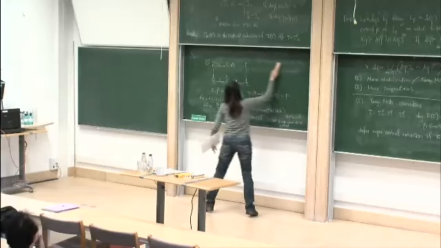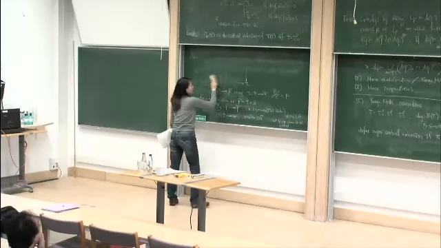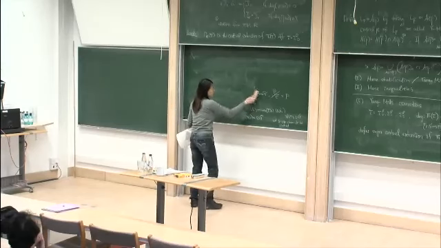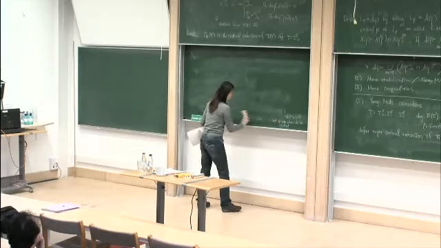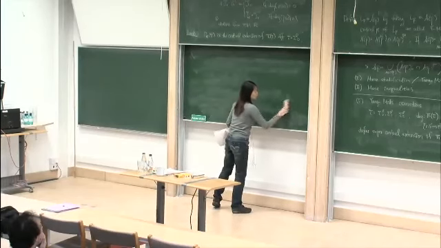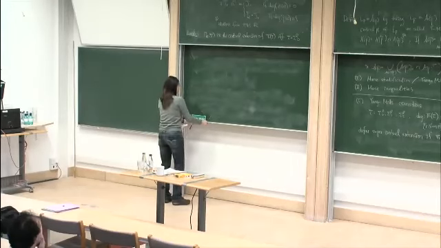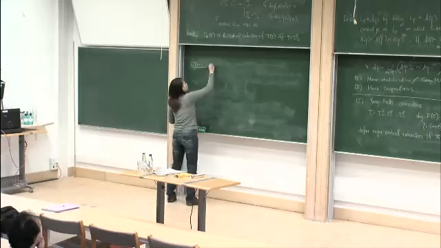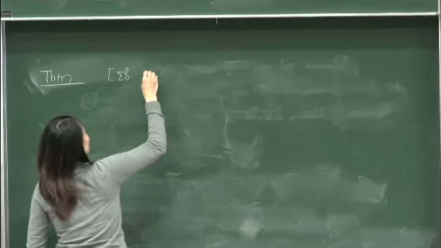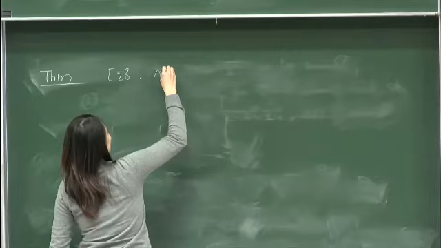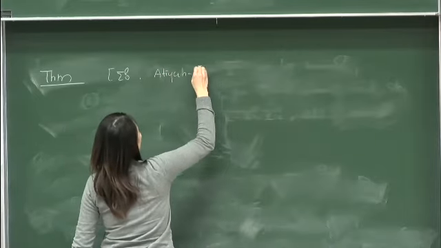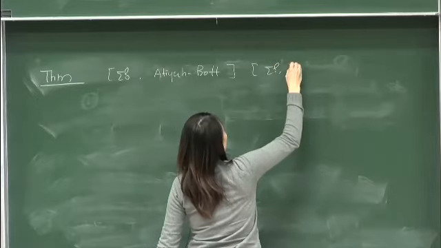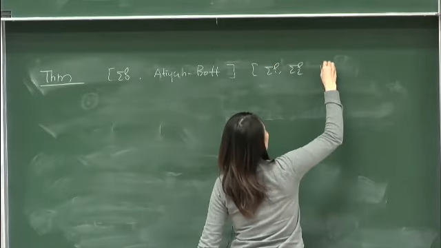So using this central extension, we can now write out precisely those Yang-Mills connections up to gauge transformation. So this is a theorem. The orientable case was done by Atiyah-Bott, and we did the non-orientable part.